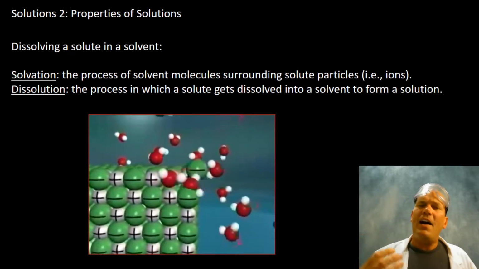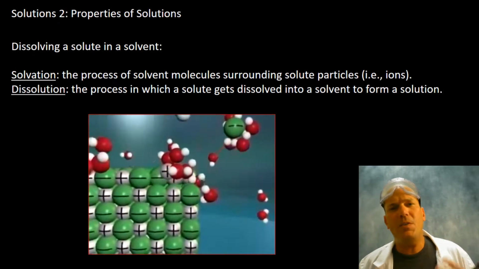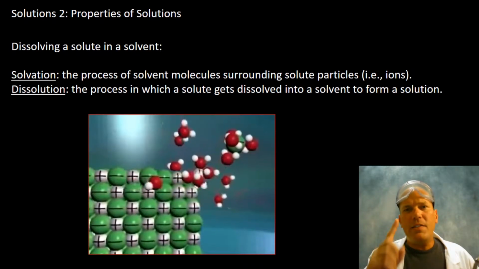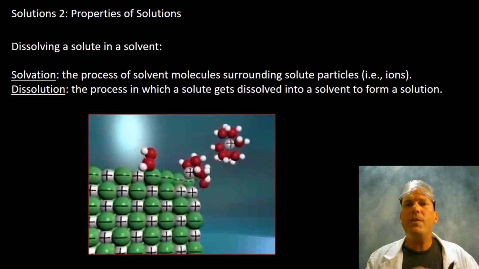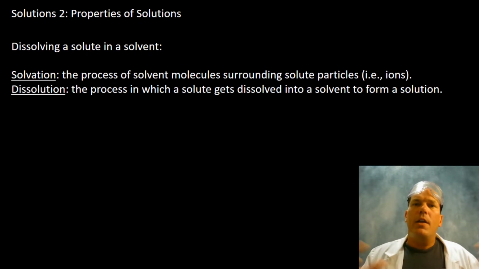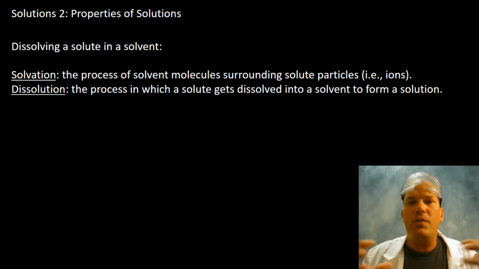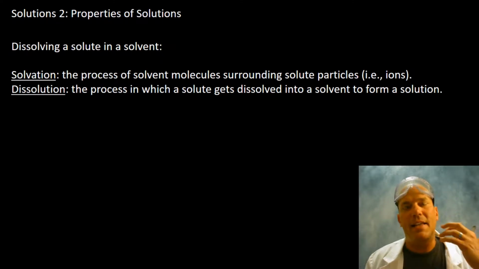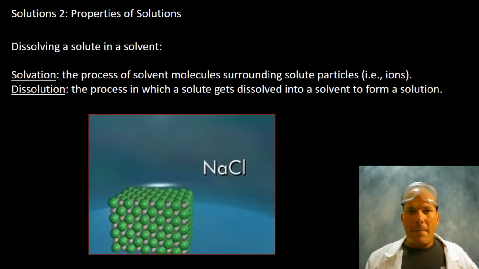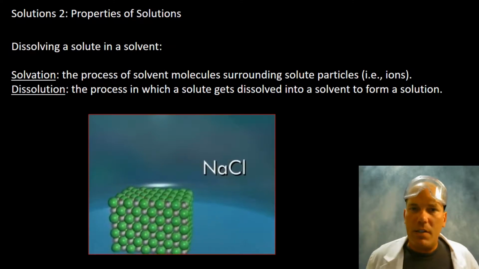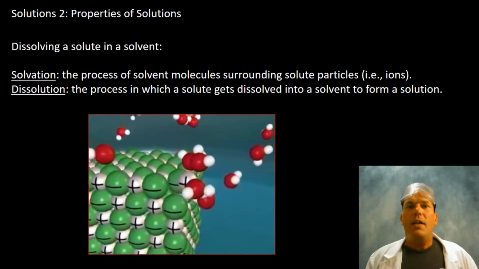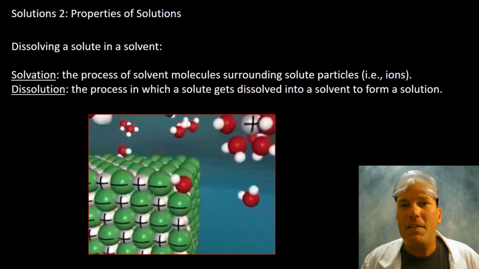Dissolution involves a couple conceptual steps that you need to understand or at least begin to think about. Step one, the crystal lattice structure, those coulombic attractions, those bonds between the cations and the anions need to be broken. It takes energy to break bonds. So there's an input of energy that goes in during that process, okay?